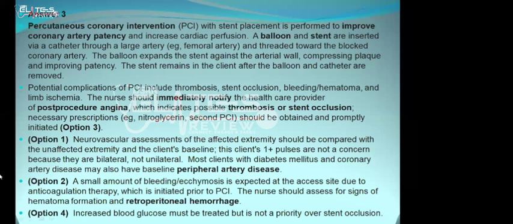So read the rationale here for option 1 and you will understand better. You'll be concerned if you don't have blood supply to one part of the leg. But if it is diminished, it means there's still some blood supply, just not to its fullest volume. It's an issue for concern, but it's not an emergency.